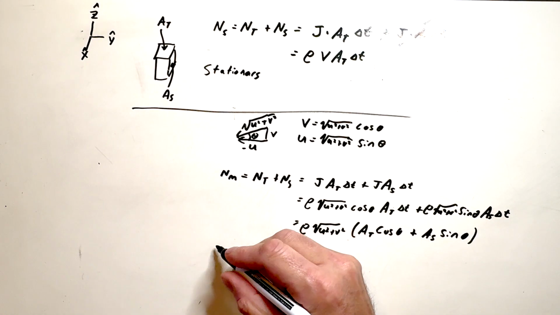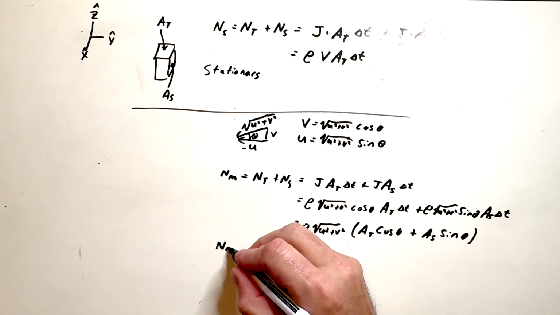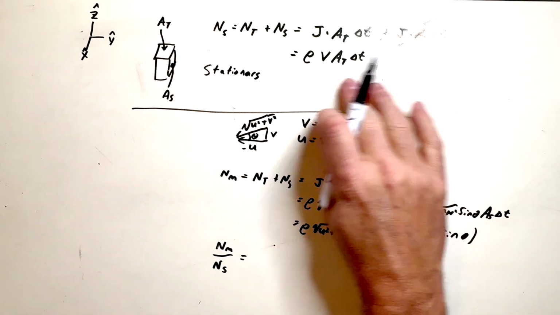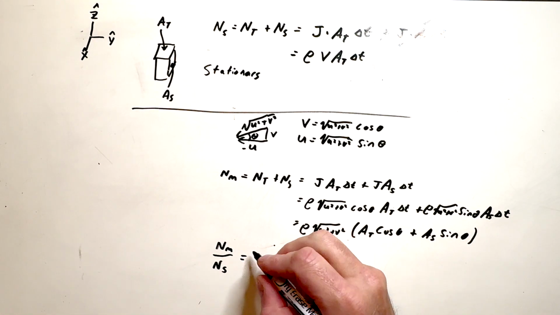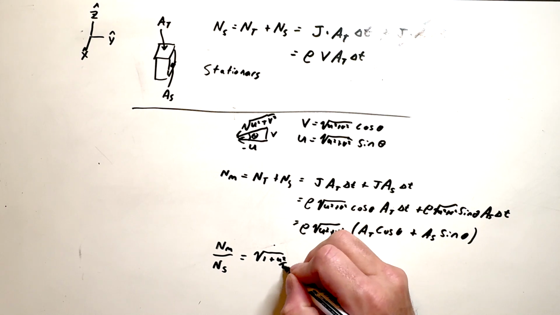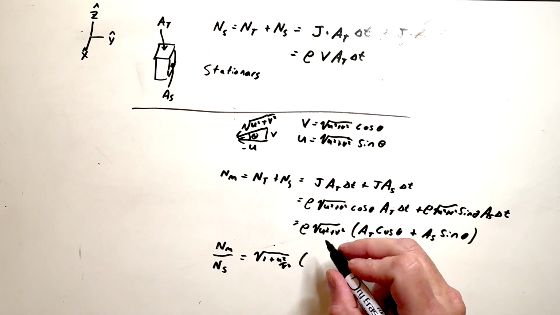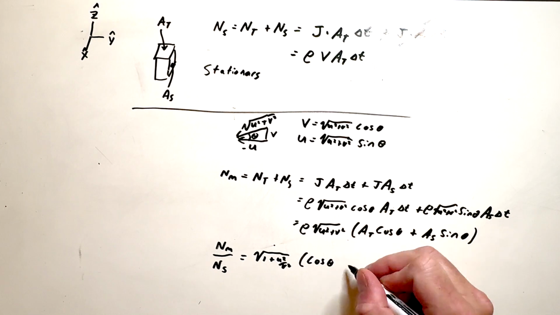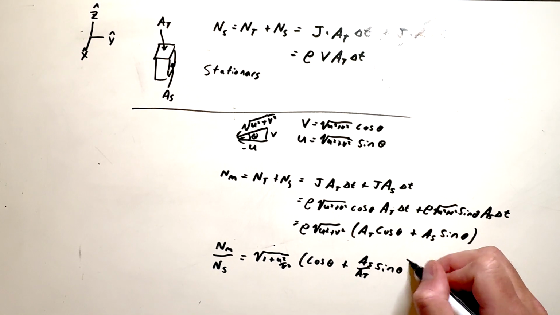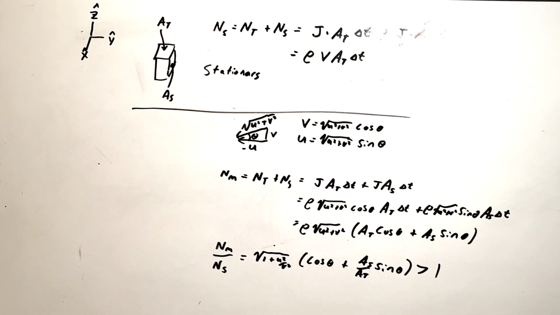And if I take the ratio of the number that hit us when we're moving to the number that hit us when we're stationary, that's basically dividing this term by this term, then we get 1 plus u squared over v squared times the cosine of theta plus the ratio a sub s over a sub t times the sine of theta. And you can see this is always greater than 1, which seems to me to suggest that you're always going to get hit with more raindrops when you're moving with some velocity in the rain.